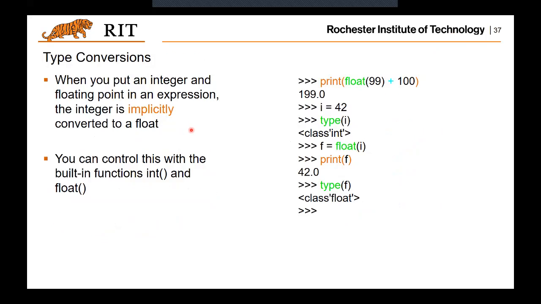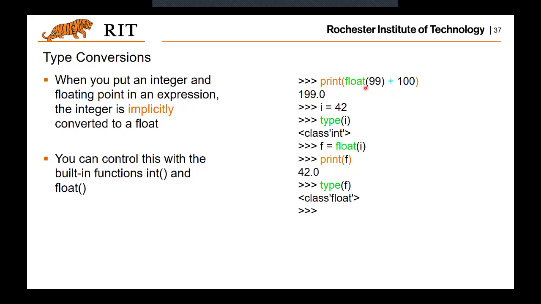So can we make conversion between two different types? The answer is yes. For some cases, it's yes, right? For example, you have an integer and a float number in an expression. If you do not do anything, then the integer number will be implicitly converted to a float.